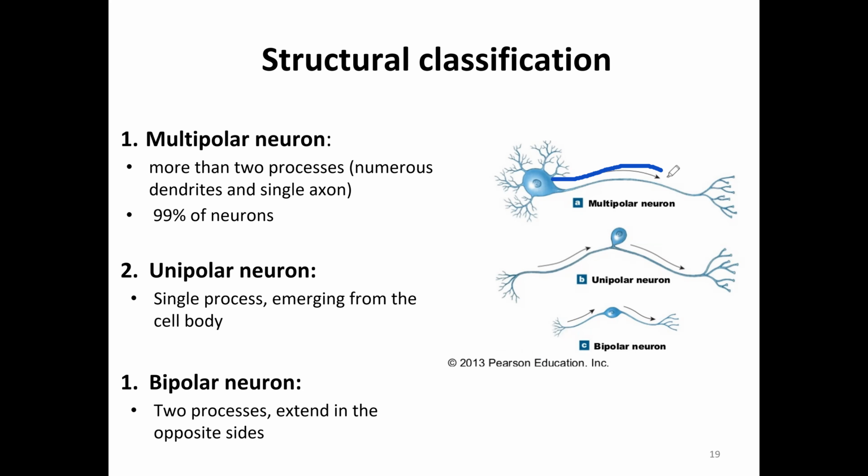It carries impulses away from the cell body. So if it goes away from the cell body, then by definition this is our axon. And everything that carries information towards the cell body is dendrites. Unipolar neurons are the second most common neuron. So mostly multipolar, then unipolar, and bipolar are very rare cells.